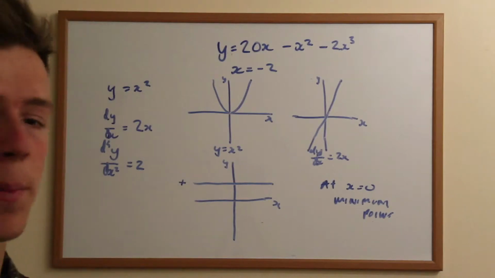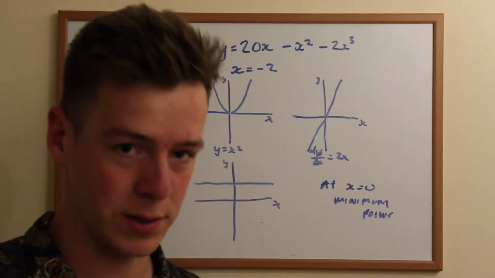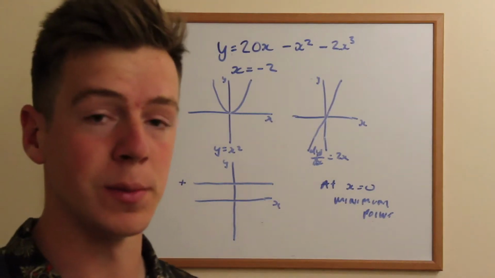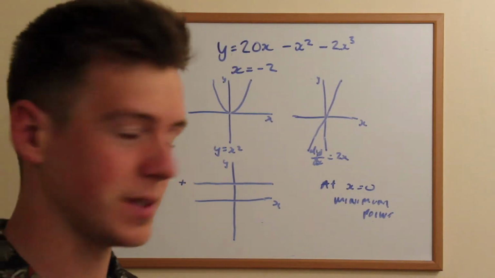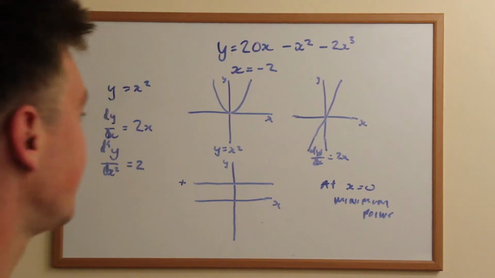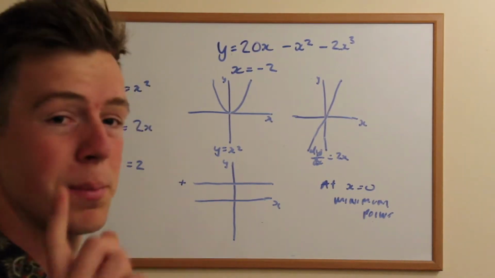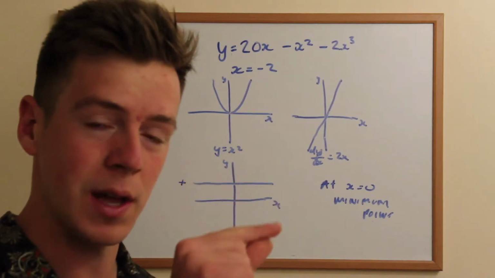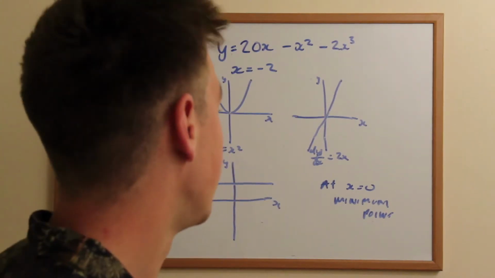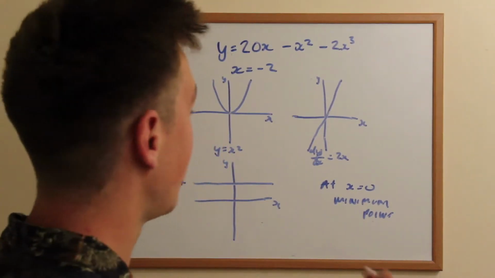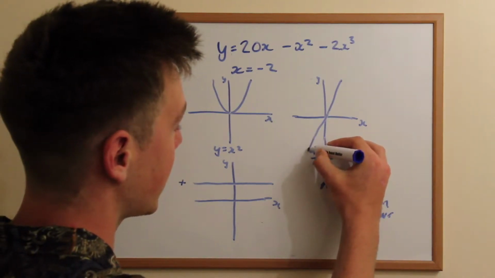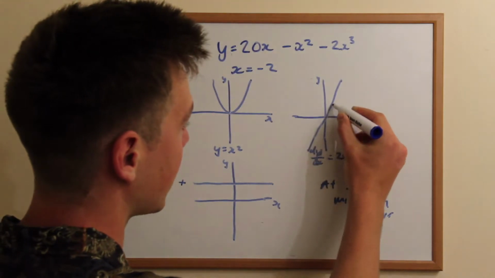So we know that a positive second order differential value means that the stationary point is minimum. But why is this the case? Well, it's because if you've got a minimum point, it means you've come from a negative gradient and you're going into a positive gradient. So this is shown by the dy by dx graph. You're in a negative area, and it goes to positive.